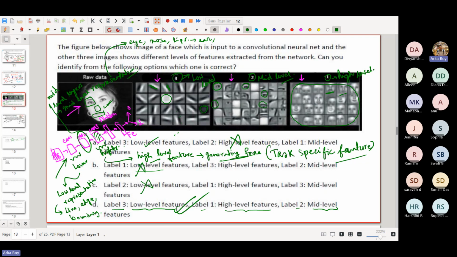However, in the lower layers, you do not have any information regarding faces. So this lower level feature you can transfer to any sort of transfer learning mechanism rather than transferring the higher level features, because those are task specific features. Your task may not be a face recognition task. Your task may be a regression task. So why do you need these high level or task specific features?